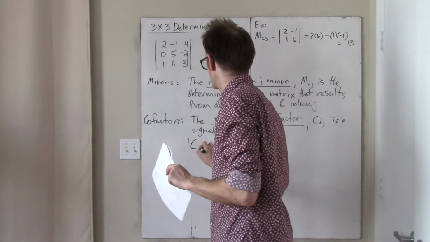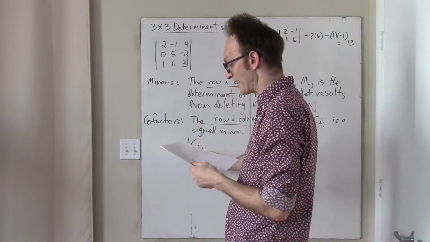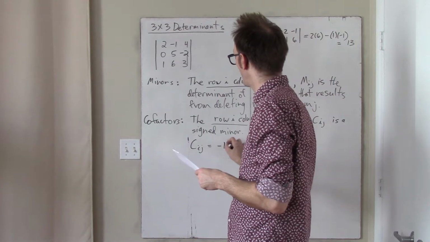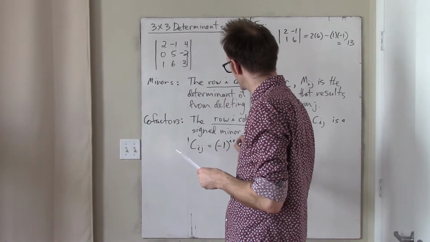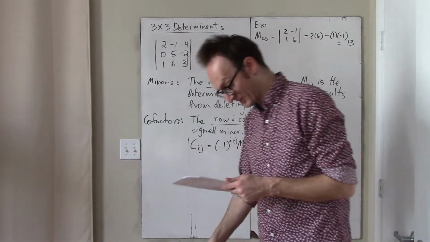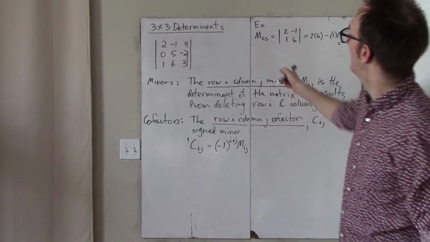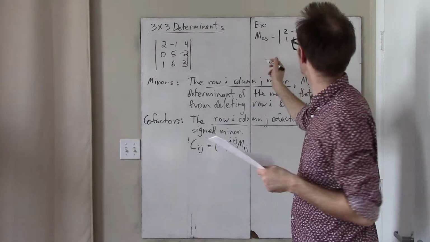Specifically, there's a formula. The Cij cofactor is -1 to the i plus j times the Mij minor. Oh man. What does that mean? Well, let's do an example.